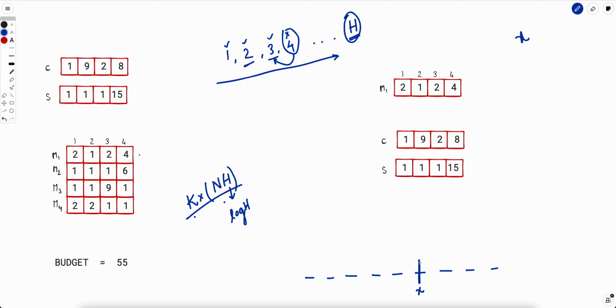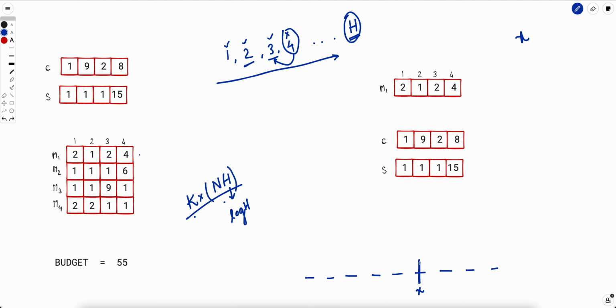If the answer is yes, I am deterministically able to say that my answer will lie either in the left or in the right. So in that case, I can simply convert this linear search into binary search, get rid of this H and convert it to log H. That's what I will do for this particular case.